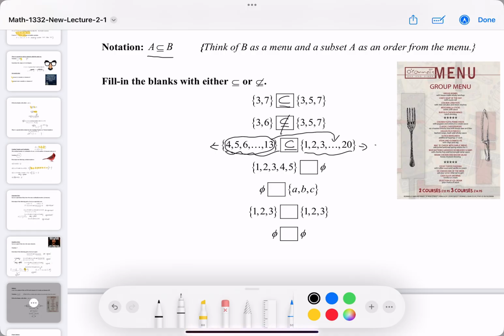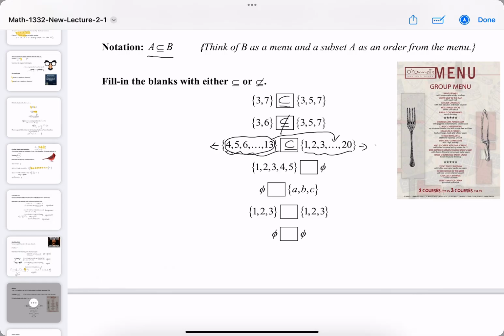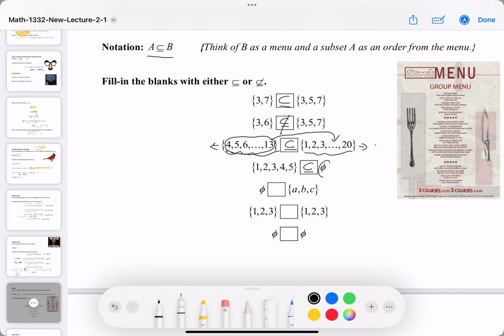Next one, 1, 2, 3, 4, 5, the set is a subset of the empty set or not? It is not. Because in the empty set, there's no element, there's nothing inside. We just say empty set, nothing inside.